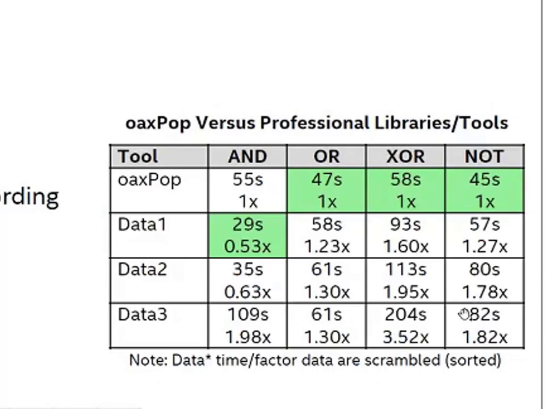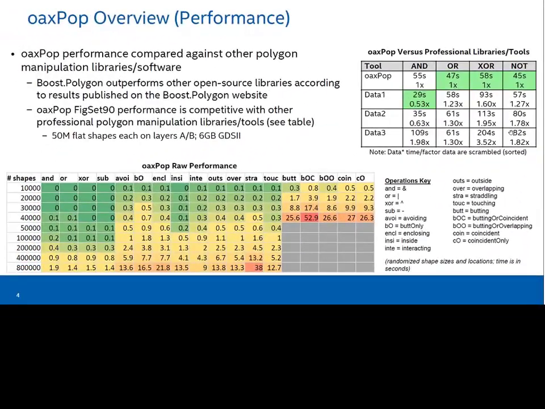The data is scrambled so that it doesn't show a theme on any given one tool for the data points below, but the data point for the first row, which is OAX POP, is of course consistent there. And it shows that in pretty much most of the categories for the basic Boolean operations on flat shapes, it does pretty well. It just dips a little bit in performance for the AND operation, for example.